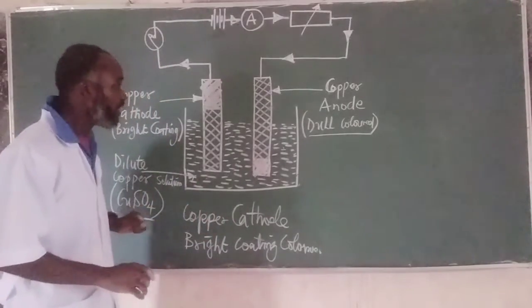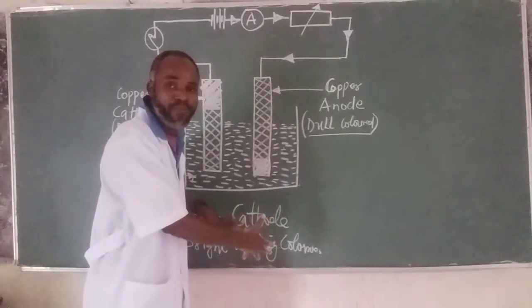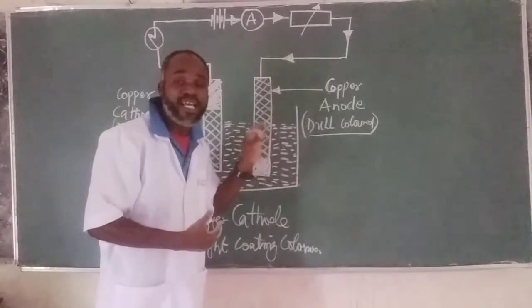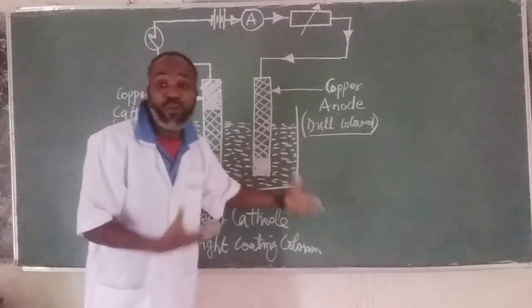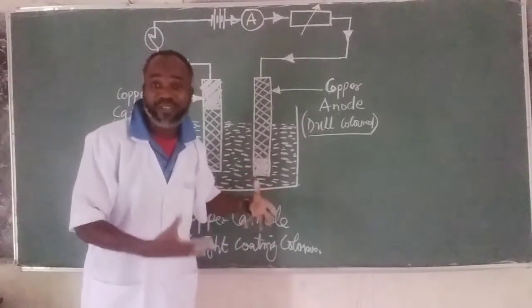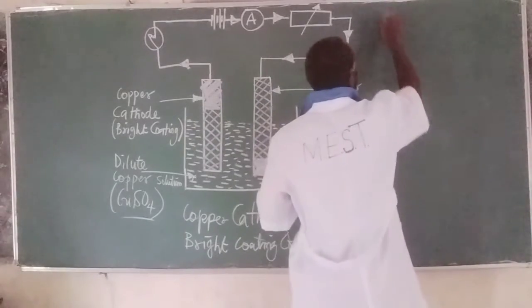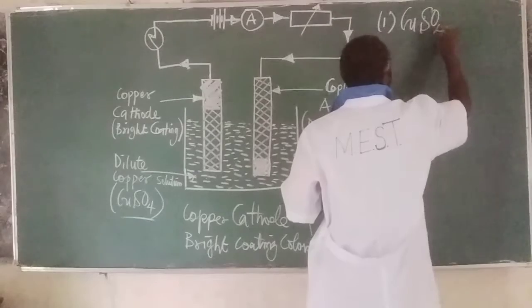Then the next thing we need to understand is why electrolysis is ongoing. Of course, you should know there could be some reactions between the copper sulfate solution and water. We must understand that. So the first thing we need to understand is what happens as we consider this.